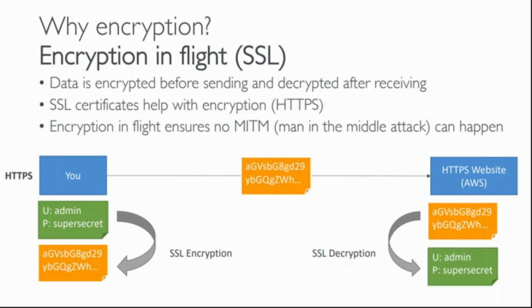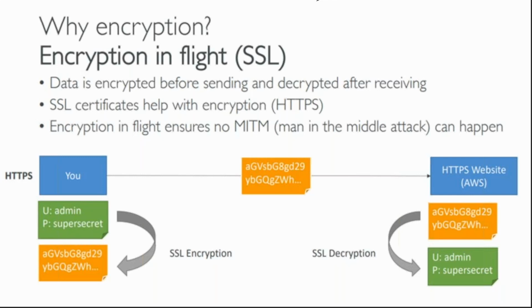First of all, data is encrypted before sending, and it is decrypted after receiving. So data will be encrypted before I send it, and then the server will decrypt it after receiving it, but only I and the server know how to do it.